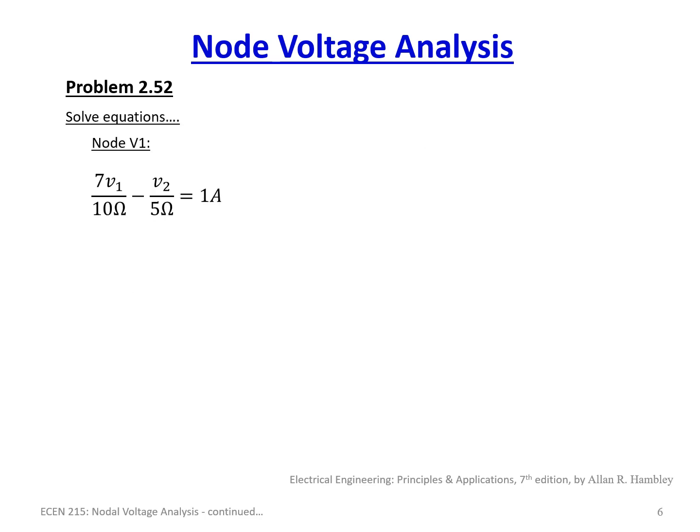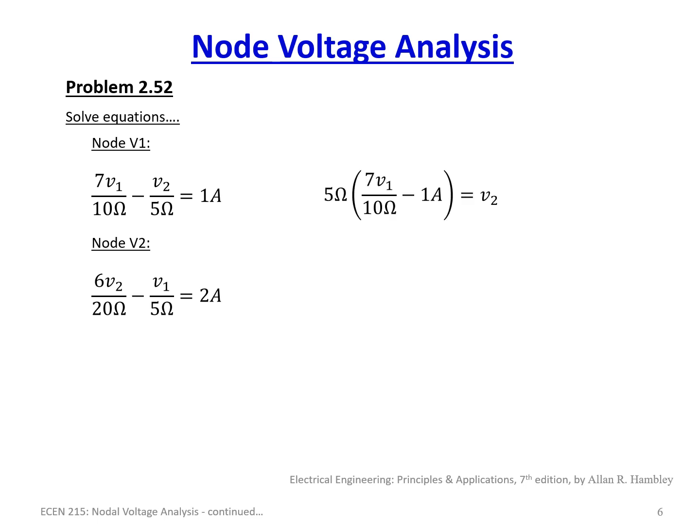Now we can solve our equations. We have our first equation from earlier, which is from node V1, and then we have node V2. So we now have 2 equations with 2 unknowns, which we can simplify and solve one in terms of the other. We're going to solve for V2 first in terms of V1, and then plug that in for V2 and solve for V1.